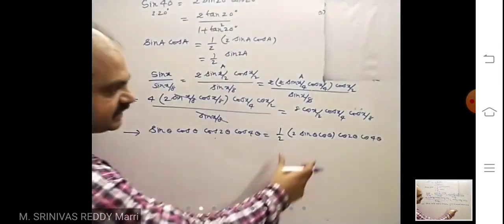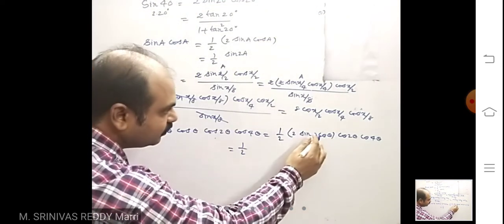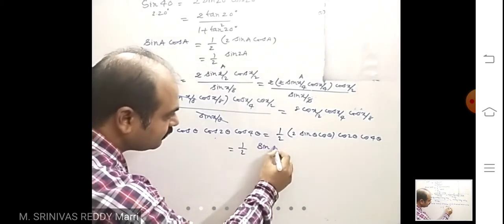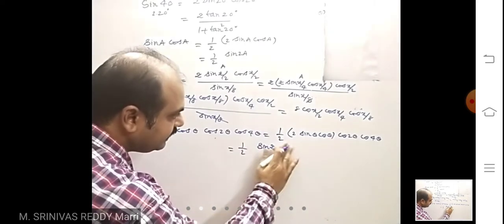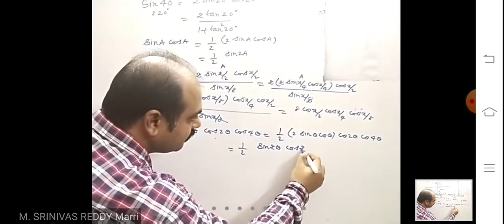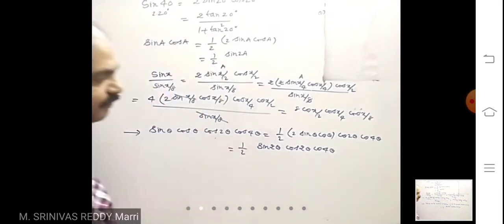So this is 2 sine theta cos theta, that is nothing but, according to 2 sine A cos A, sine 2 theta into cos 2 theta into cos 4 theta.